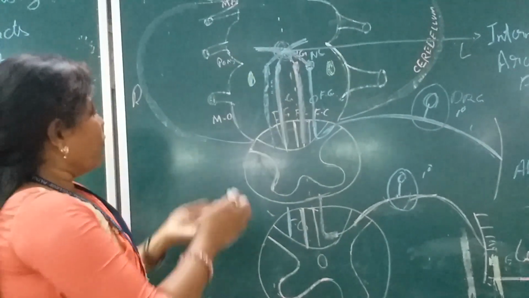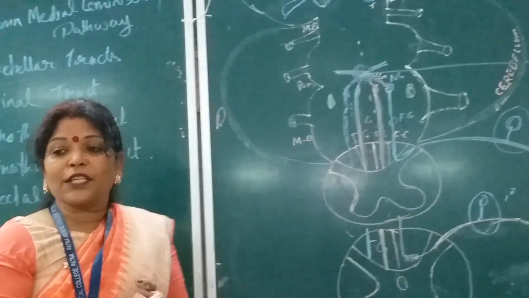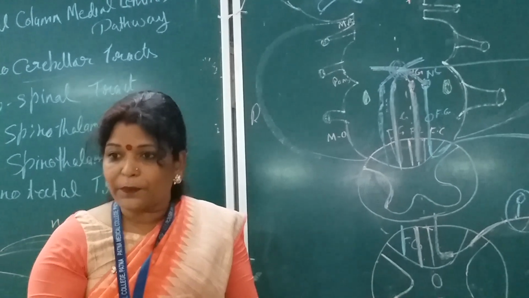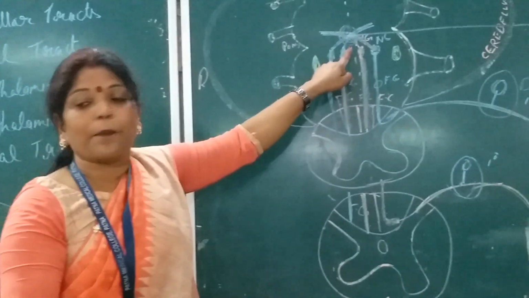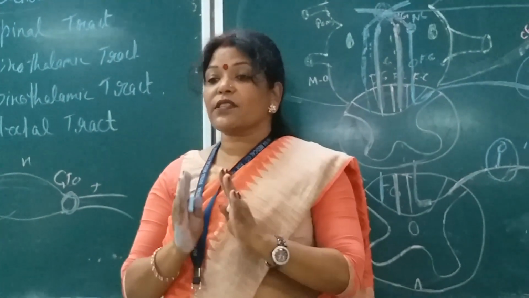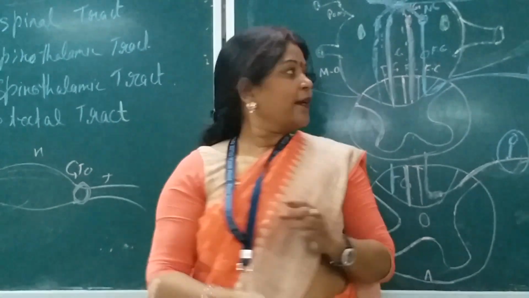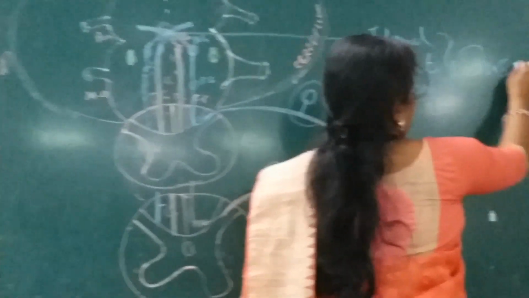So this is the crossing of the sensory fibers. This crossing inside the brainstem, the medulla oblongata, is also known as the sensory decussation.